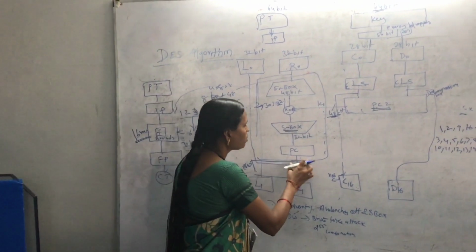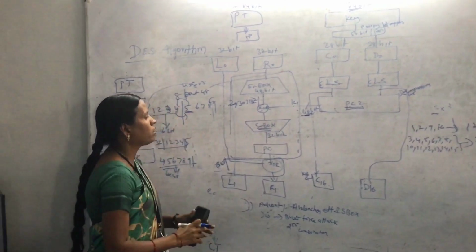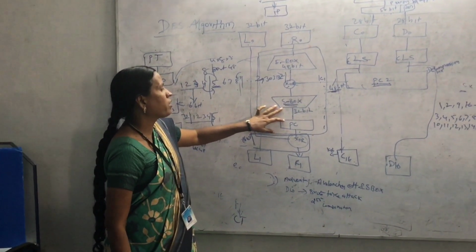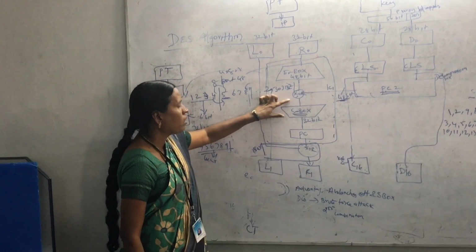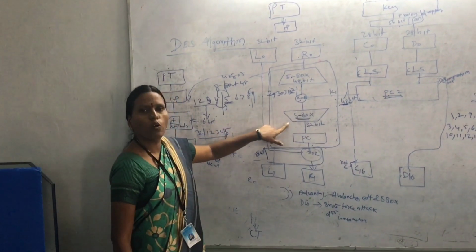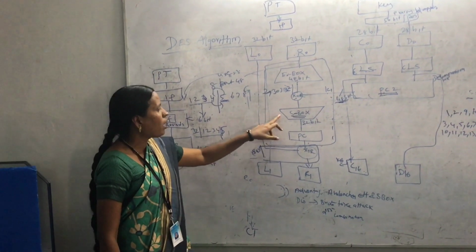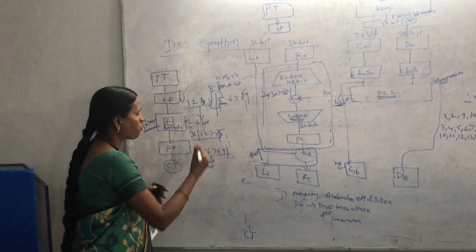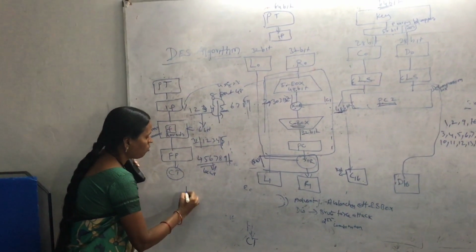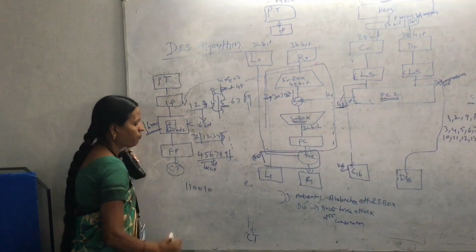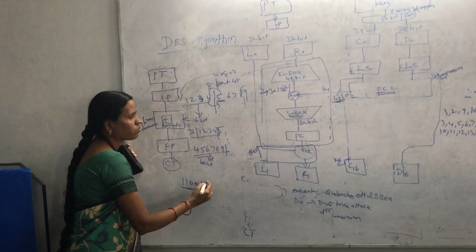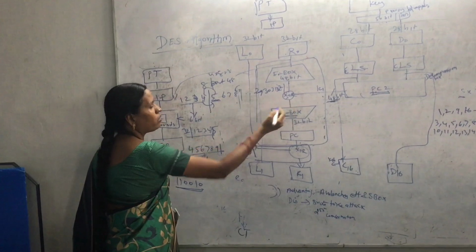Similarly, using the S box, which is a very important function of the DES algorithm, this 48 bit can again be reduced into 32 bit. How can it be reduced into 32 bit? Suppose for example the value is 110010. We are taking the 6 bit value because we are XORing with the 6 bit value.